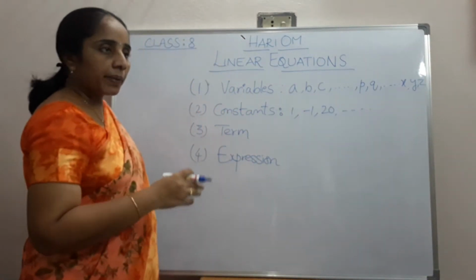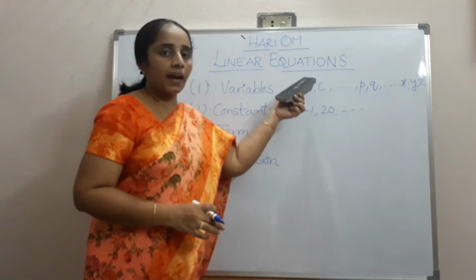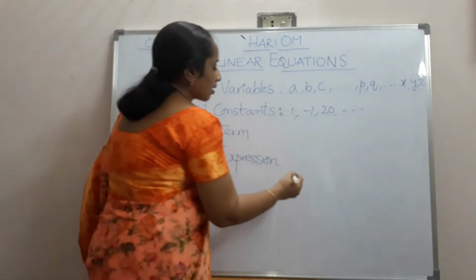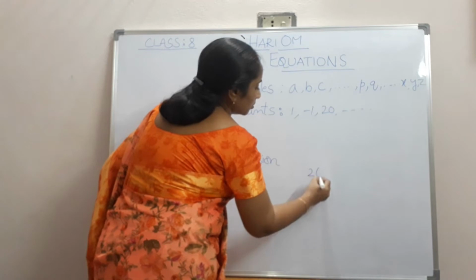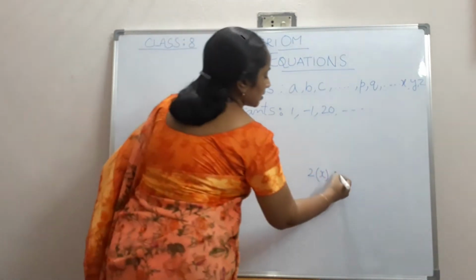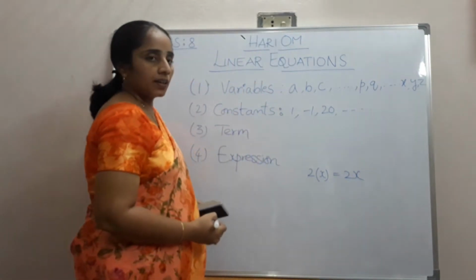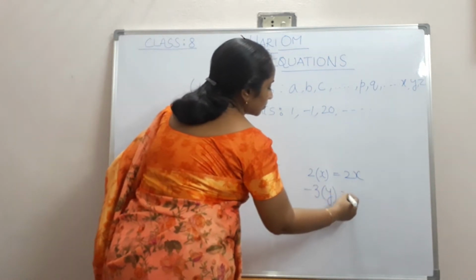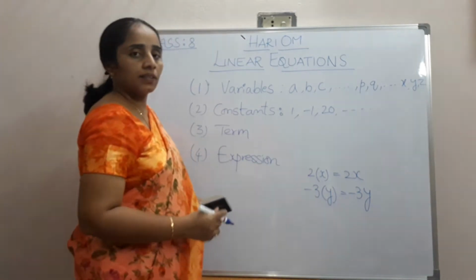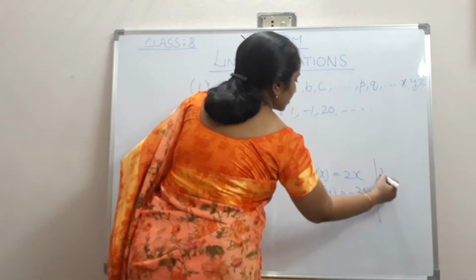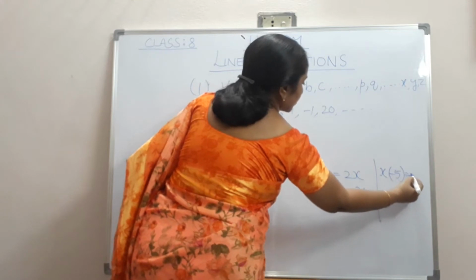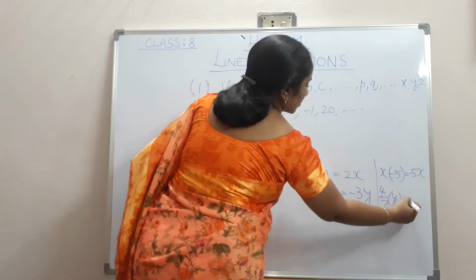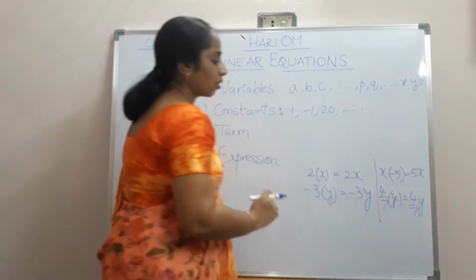So by combining these constants and variables we can get a term, meaning the product of, see, 2 into x, here it is 2x, is a term, and -3 into y, minus 3y, x into -5, minus 5x, 4 by 7 into y, 4 by 7 y, or 4y by 7.